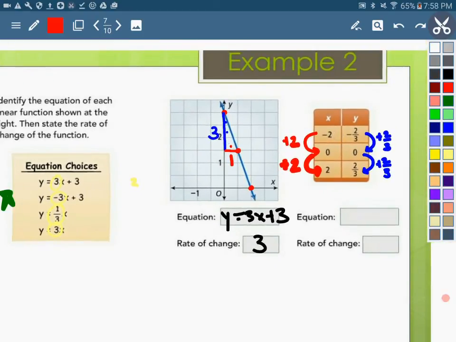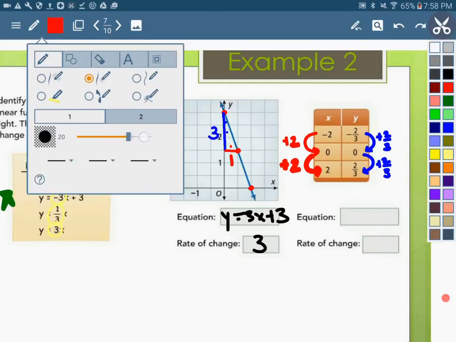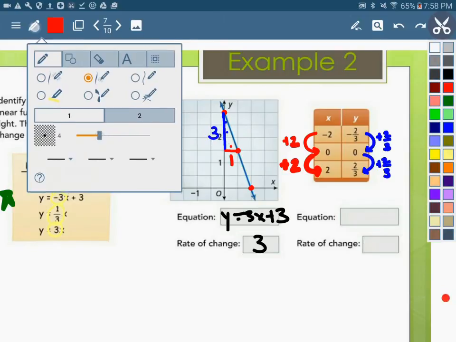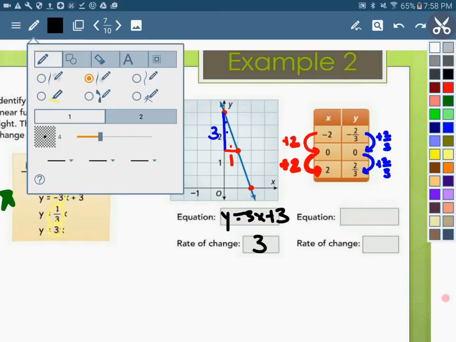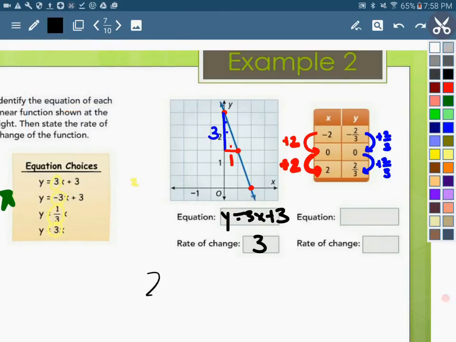So I'm going to write it a little bit below the box. I have my rise is 2/3. There we go, that's better. My rise here is 2/3, but I want to put that over the run, which is 2.